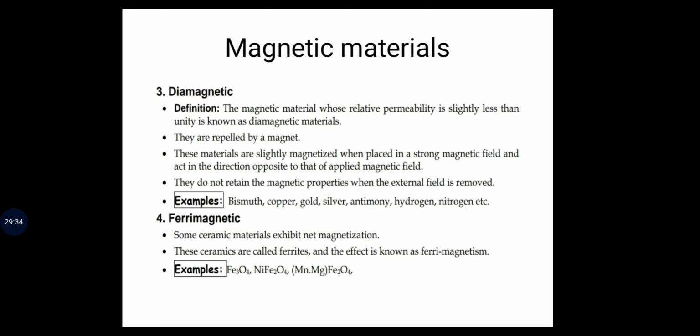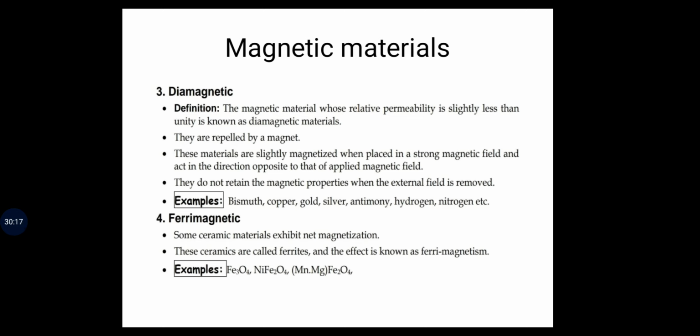When the external field is removed, the diamagnetic materials' properties are not retained. Examples of diamagnetic materials: bismuth, copper, gold, silver, antimony, hydrogen and nitrogen.